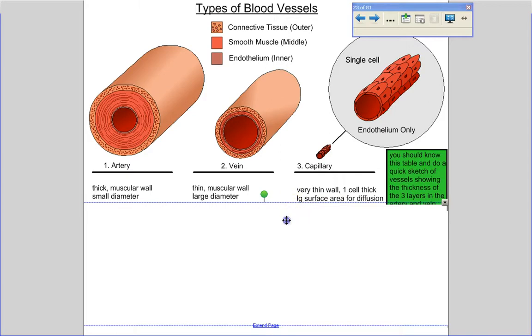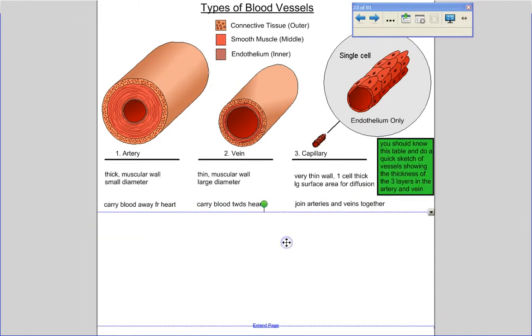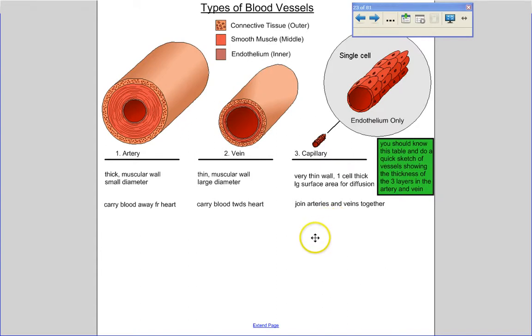Its job. Okay, what direction do they carry materials? Okay, think A for artery, A for away. Arteries always carry blood away from the heart, whereas veins carry it back to the heart. So they carry it towards the heart. Capillaries join arteries and veins together.